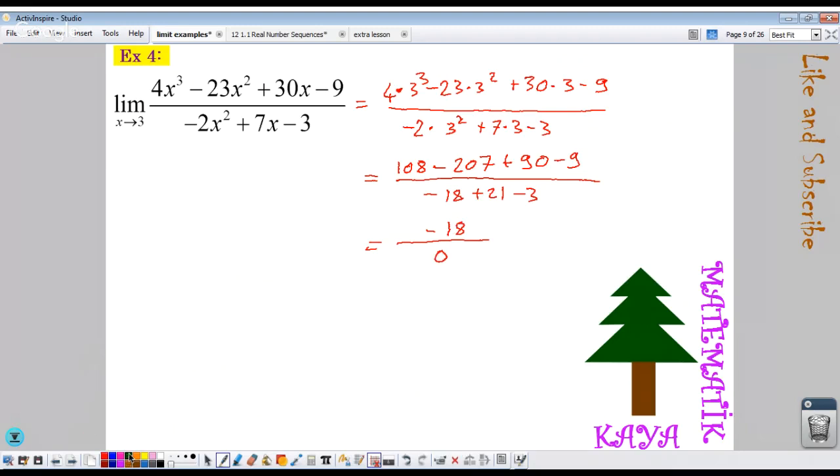So we should do the checking from left and right. Then if we get the same result for the left and right side: what if x approaches 3 from the left side for the same function? What if x approaches 3 from the right side for the same function? I think they are going to be different since this is not a complete square.